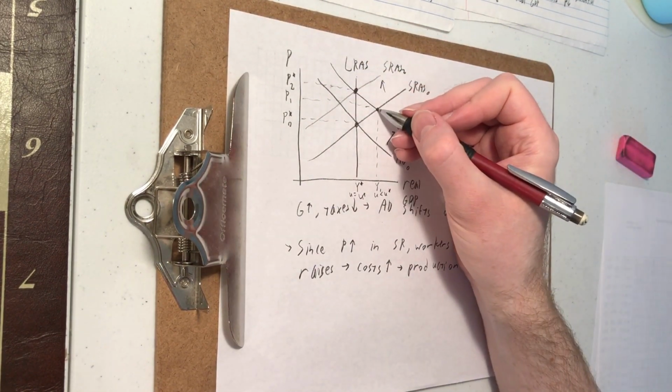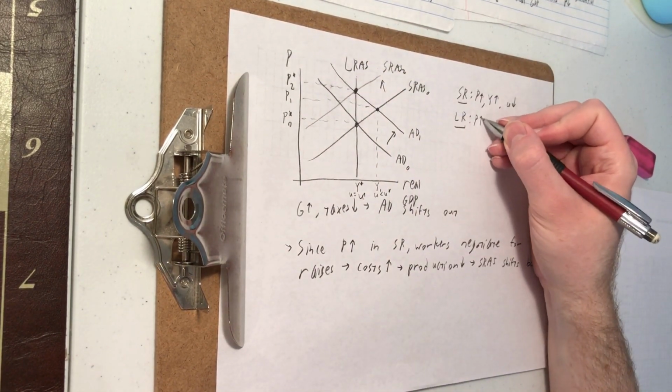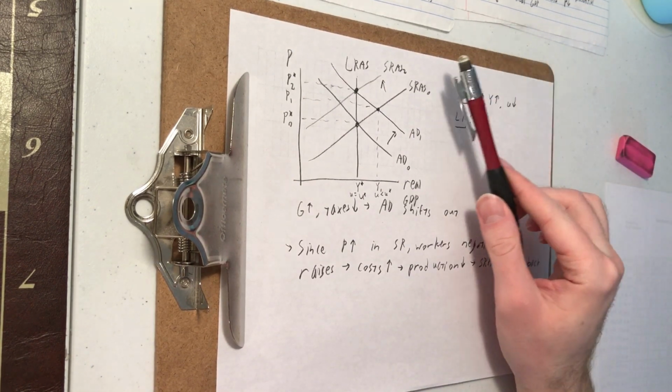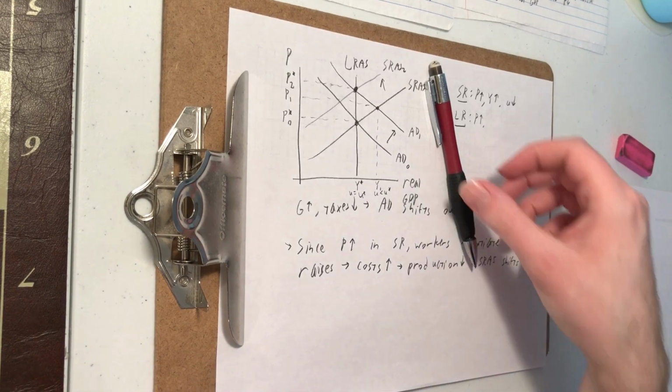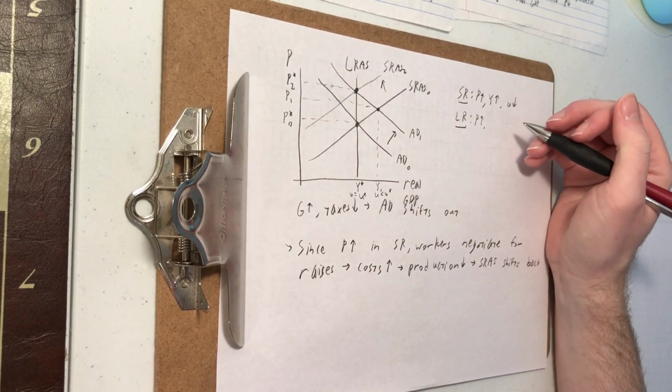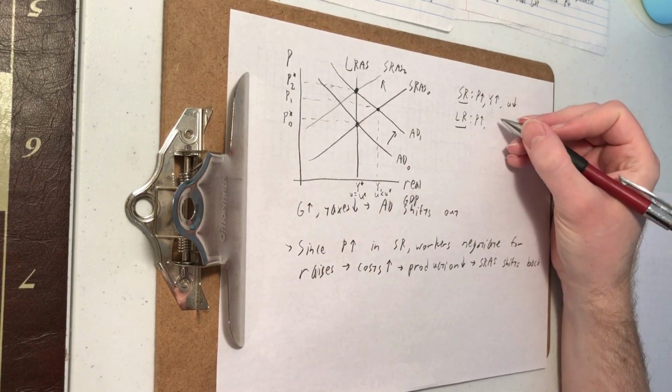So in the long run, prices are going to rise again. And GDP and unemployment return to their original levels.